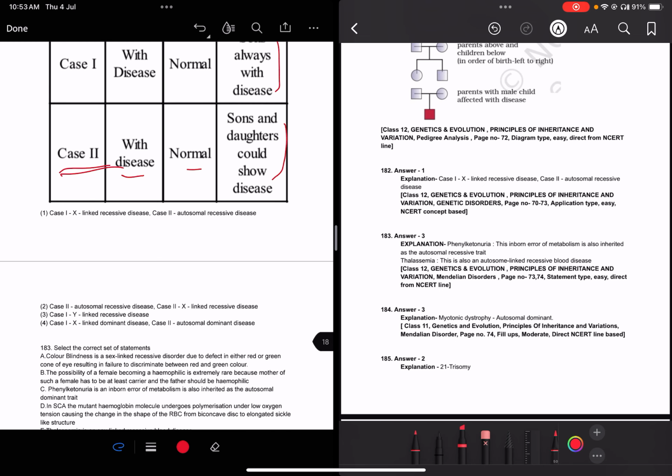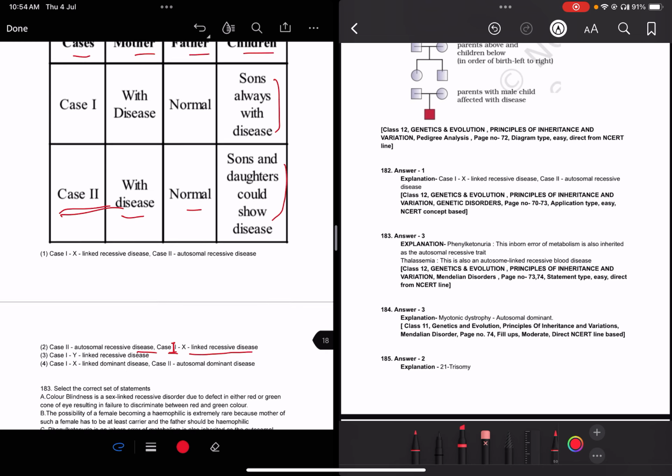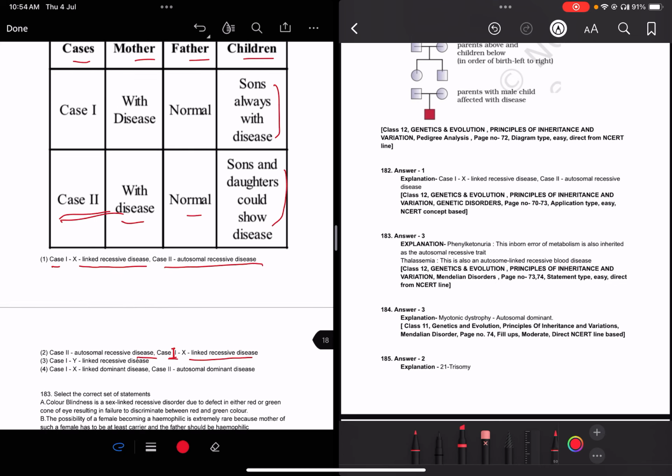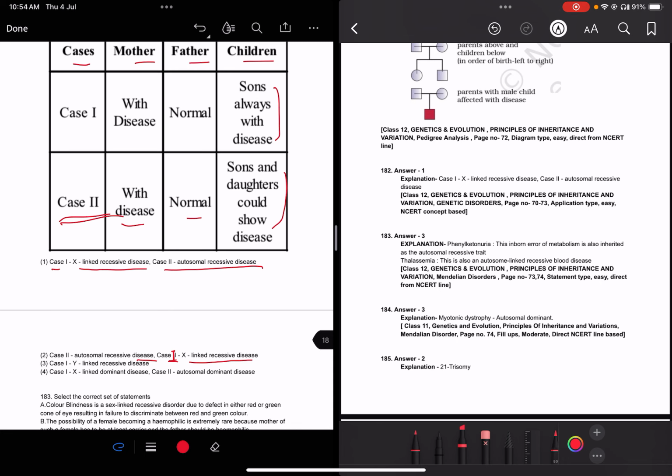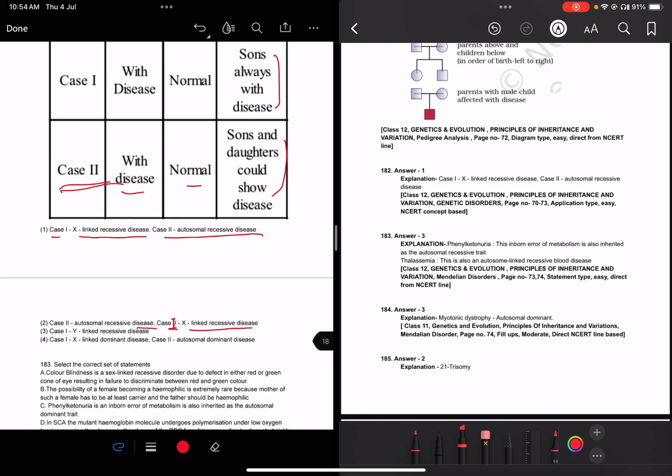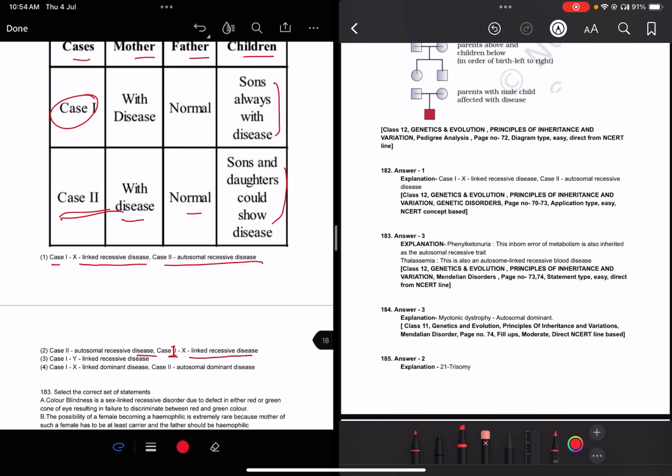So the answer is case 2. This case is an autosomal recessive disease, and case 1 is an X-linked recessive disease. In case 1, the mother is affected, which means only the son is affected, and we know sex-linked recessive traits pass from mother to son. So case 1 is an X-linked recessive disorder, correct.